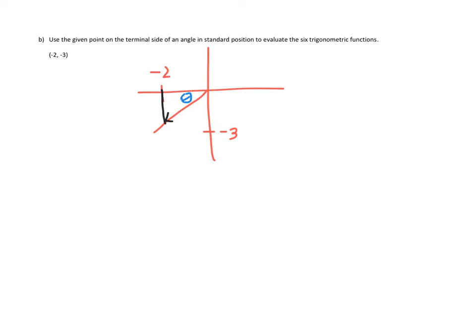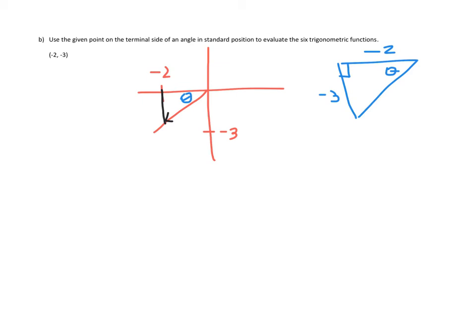Let me draw my triangle here, and I just want to use the same orientation so that we can follow along closely. So this is my triangle, and this is theta, and this is -2, this is -3, and let's get the ratios now.